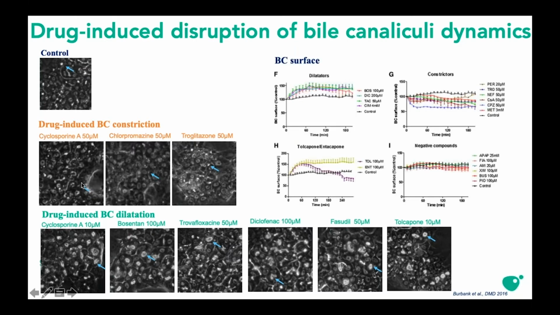It was possible to quantify these canalicular alterations by measuring the canalicular surface. As we can remark, drug-induced constriction appeared to be irreversible, whereas dilations can be transient, as seen with tolcapone. Non-cholestatic compounds have no effect on bile canaliculi surface.